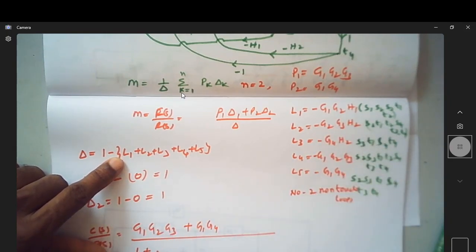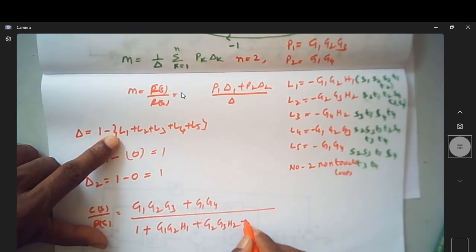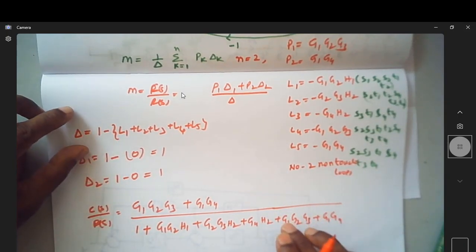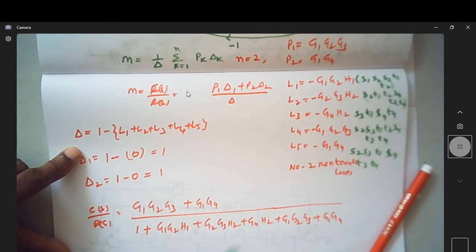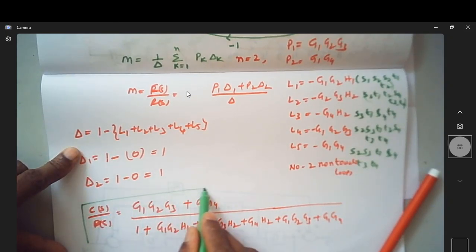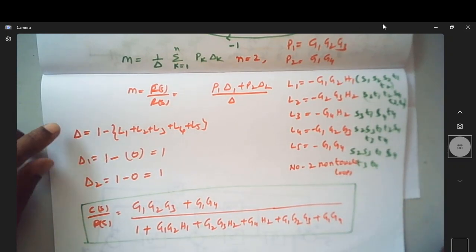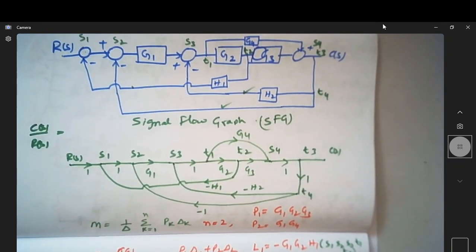So 1 plus G1 G2 H1 plus G2 G3 H2 plus G4 H2 plus G1 G2 G3 plus G1 G4. This is the final expression for the transfer function of this block diagram having the corresponding G's and H's.